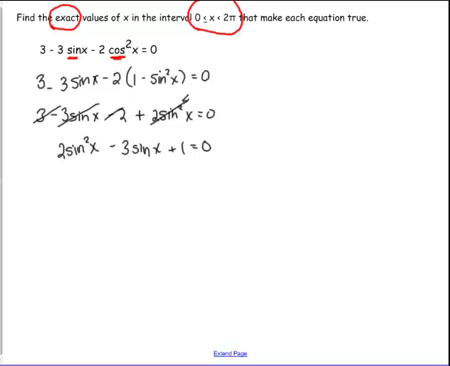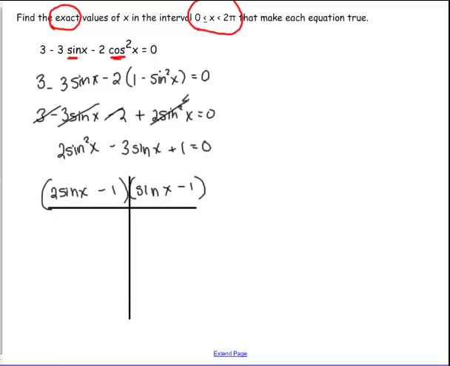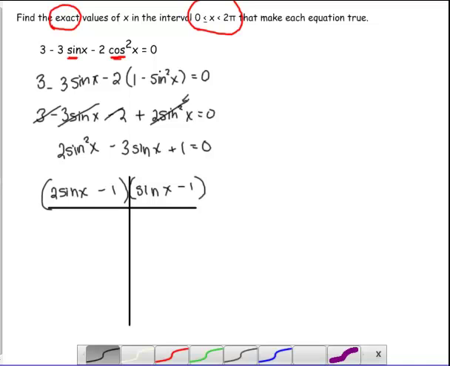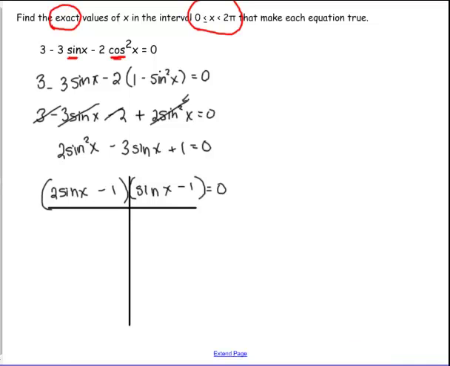Well, I like this one. This one can factor. It can go to 2 sine x minus 1 and sine x minus 1. There's my little factor. Remember, it's always set equal to 0.